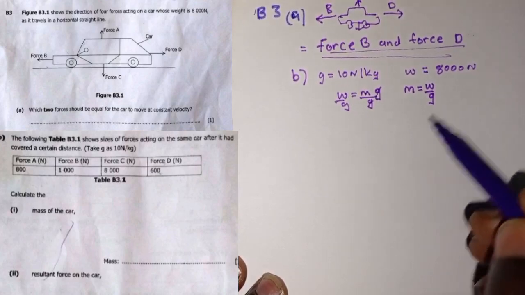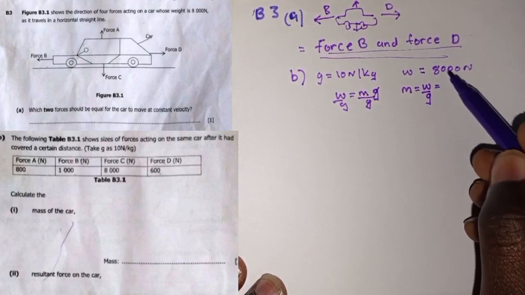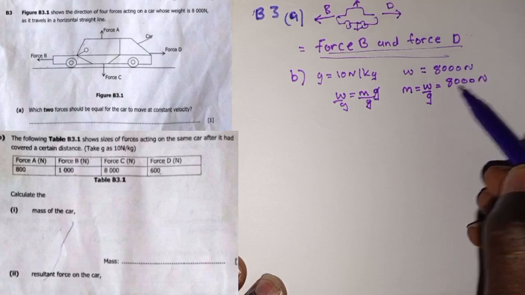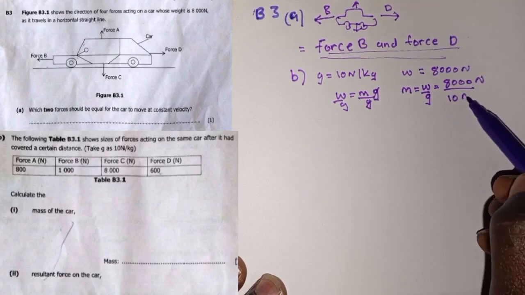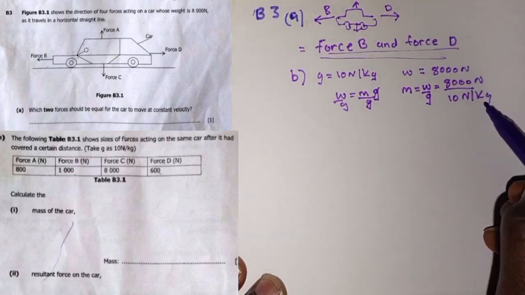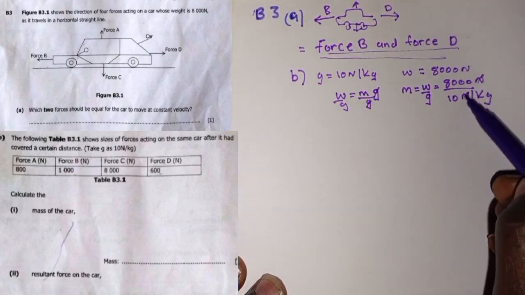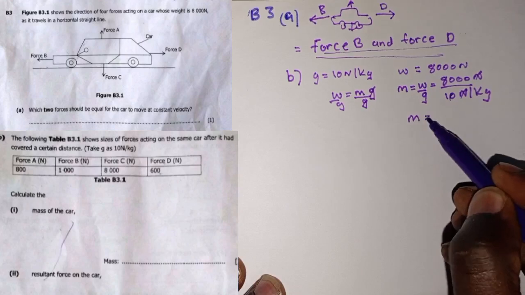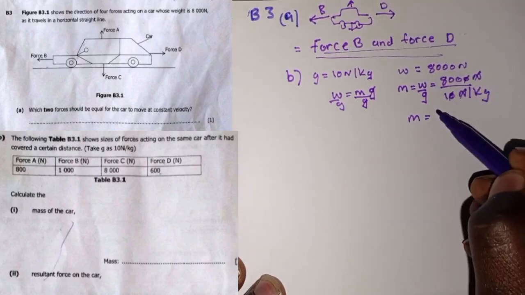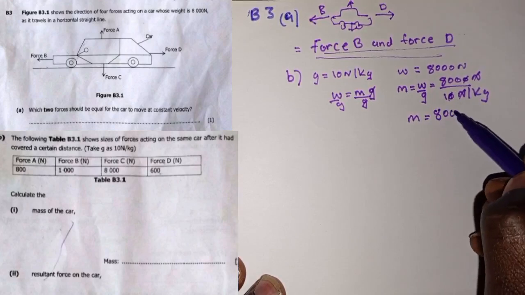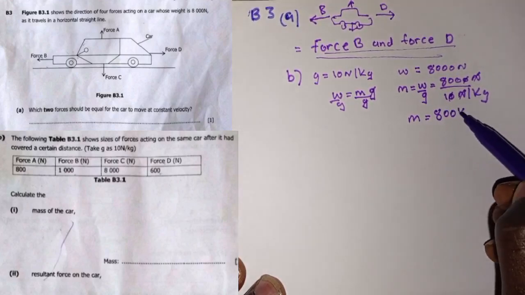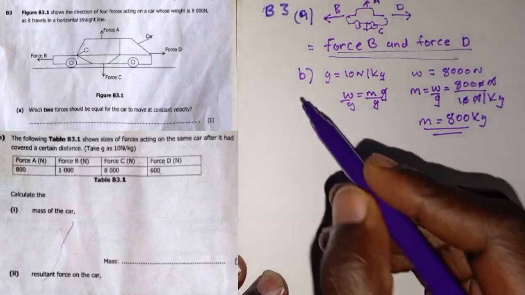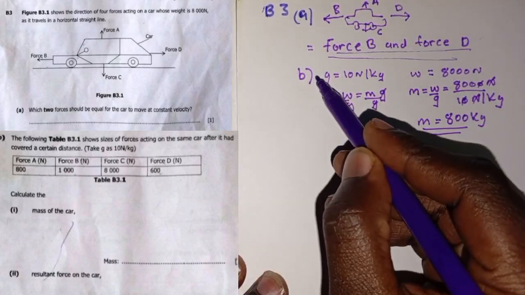So the weight is 8,000 Newton, the gravity is 10 Newton per kg. You cancel the Newton there, and your mass is simply 800 kg. That is the mass of the car. So that was question B1.